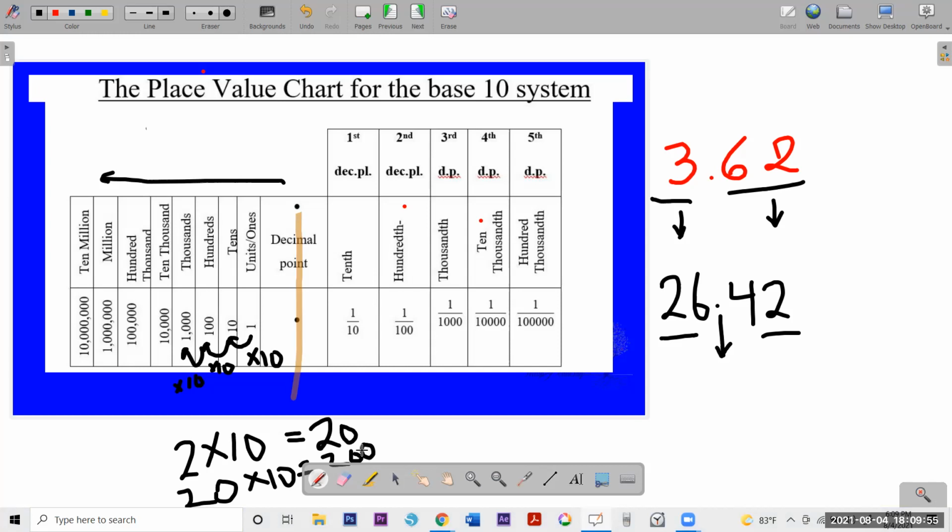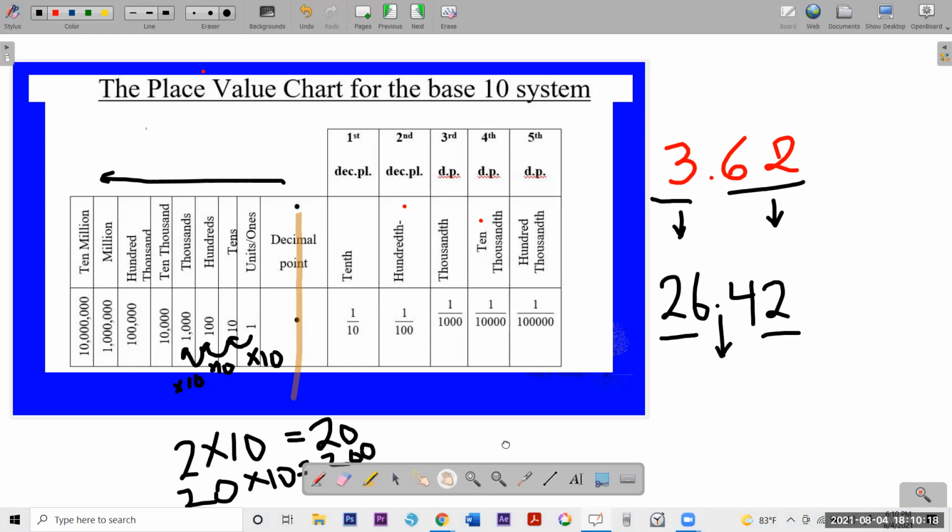All you need to keep in mind is that to move from one place value to another, you are multiplying by 10 each time. But that's for the whole numbers. For the decimal section now, you're dividing. The first place value is 1 over 10, and this is the same thing as saying divided by 10. Let me give you another example.